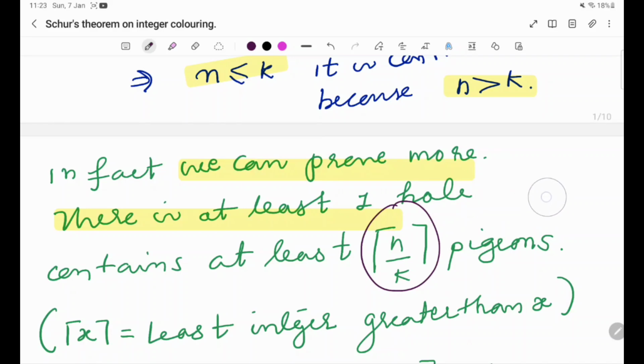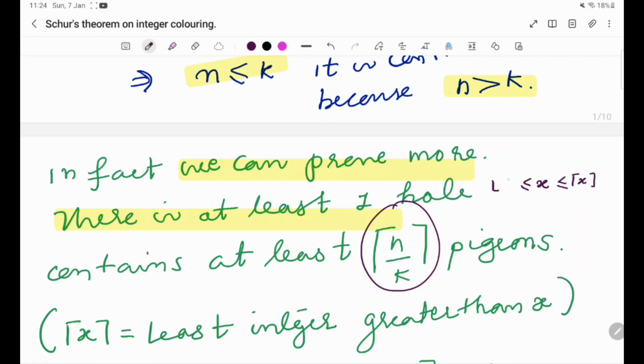You know the ceiling is the opposite. This is the ceiling, I'm sorry. This is the ceiling function. The floor is what we call the greatest integer function, that means the greatest integer less than or equal to x. Normally if you have a real number, the next integer is your ceiling of x.